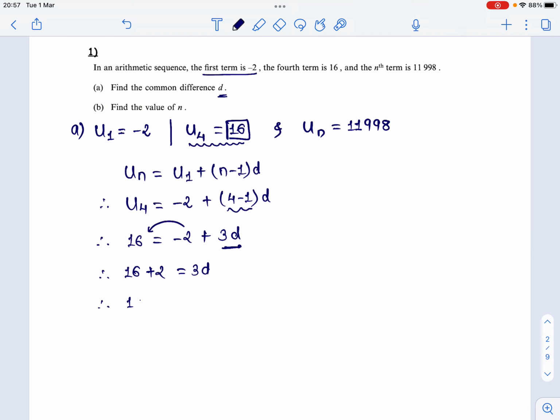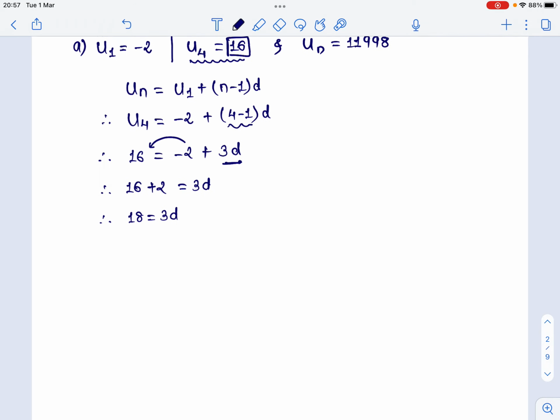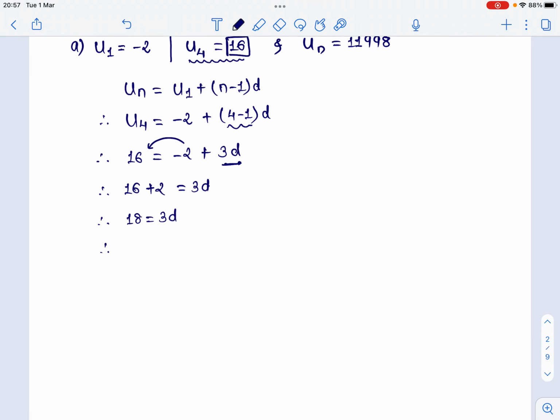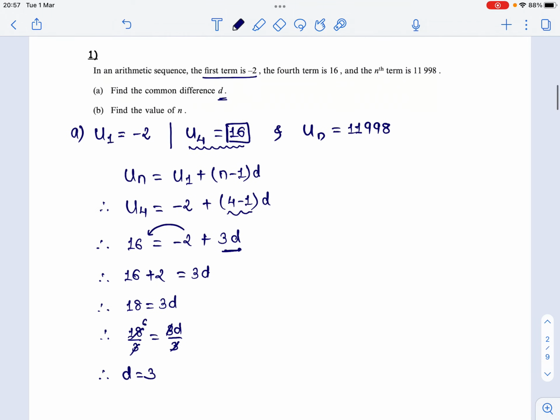This becomes 18 is equal to 3d. Divide both sides by 3. So 18 over 3 is equal to 3d over 3, which is 6. So d is equal to 3. First part is completed.